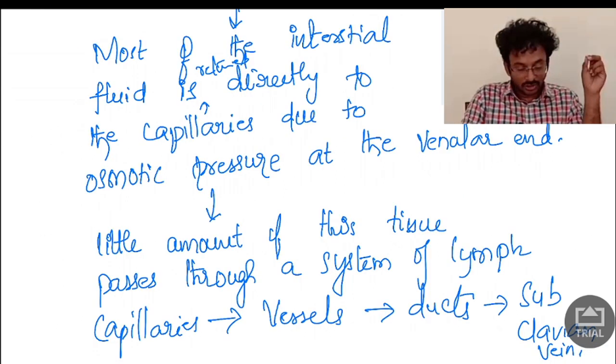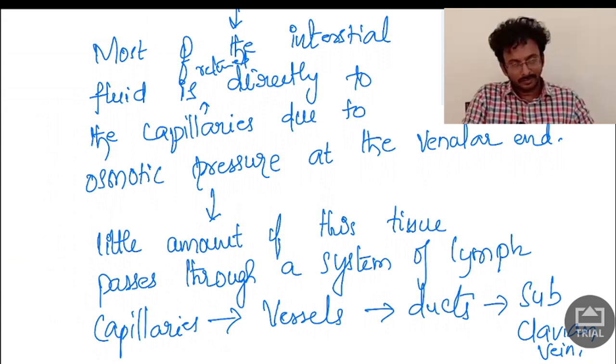Most of the interstitial fluid is returned directly to the capillaries due to osmotic pressure at the venular end. A little amount of this tissue fluid passes into a system of lymph capillaries. Lymph capillaries join to form lymph vessels. Lymph vessels join to form lymph ducts. The lymph duct opens into the subclavian vein, which is located near the thoracic region.